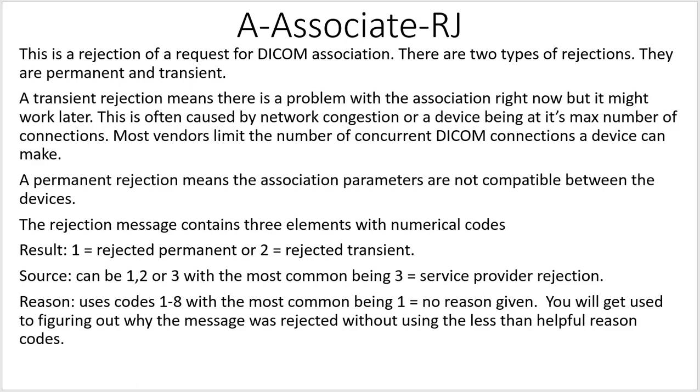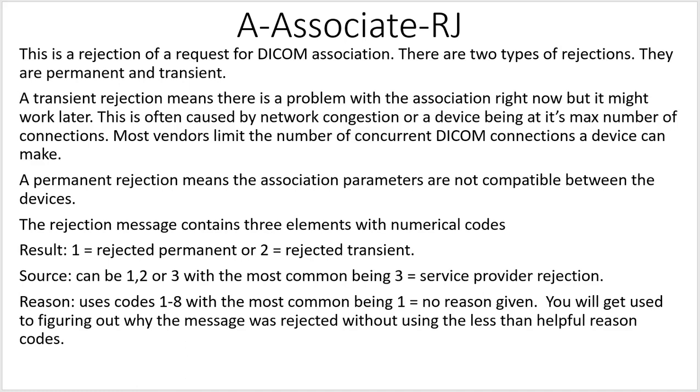So if they have several big studies and maybe they have a slow network or there's some network congestion, they might have the last 5 patients being in some form of transfer. And so when you get to send the 6th study, it's going to say, nope, we can't associate and make this 6th connection because I can only have 5 active connections going at one time.